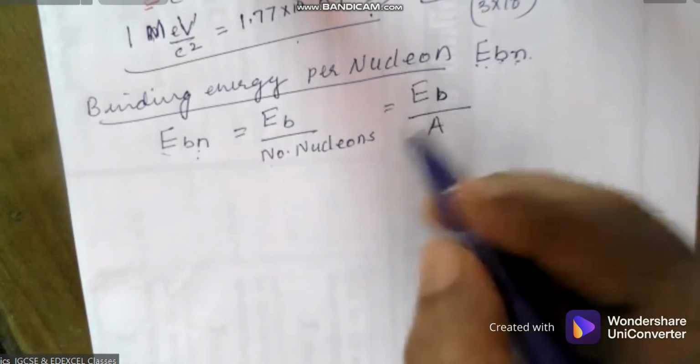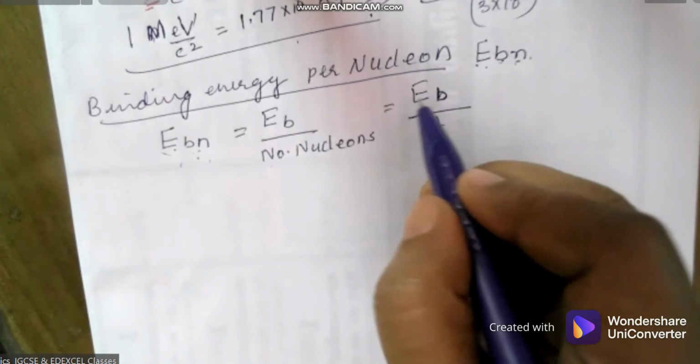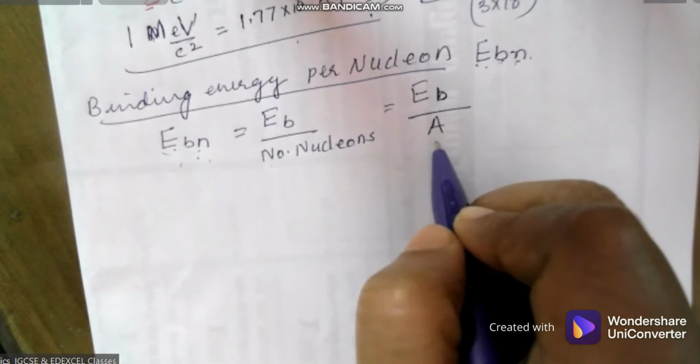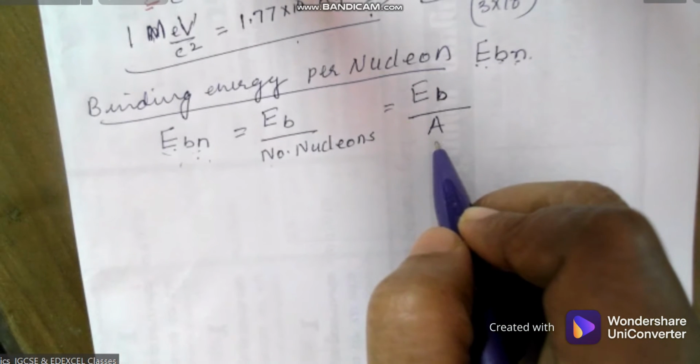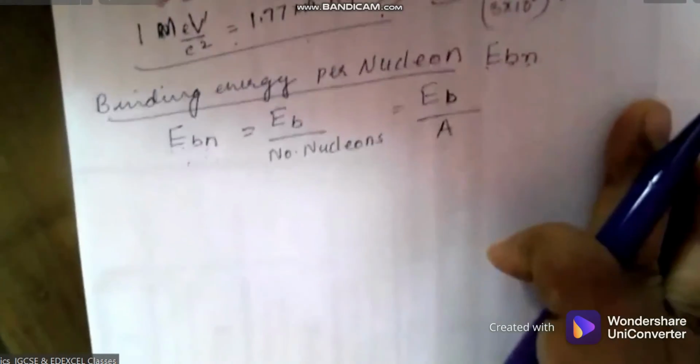Binding energy per nucleon is equal to binding energy divided by mass number. So what did we do? We did mass units. We did binding energy per nucleon.